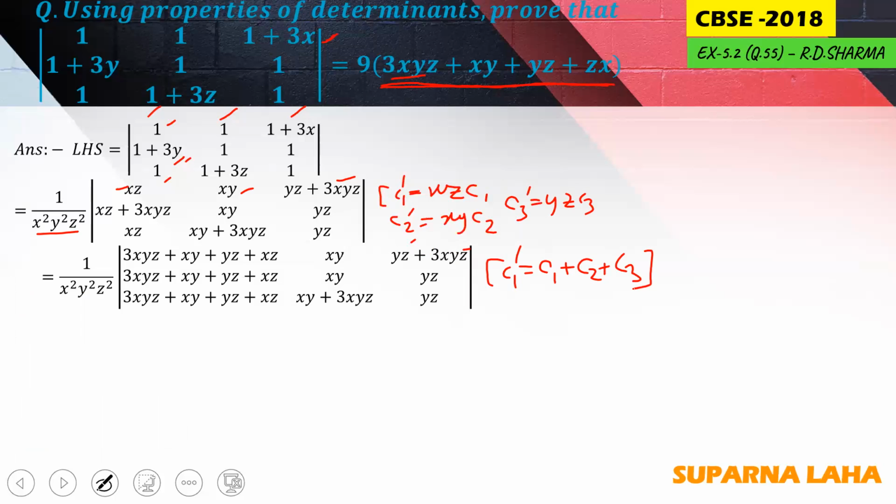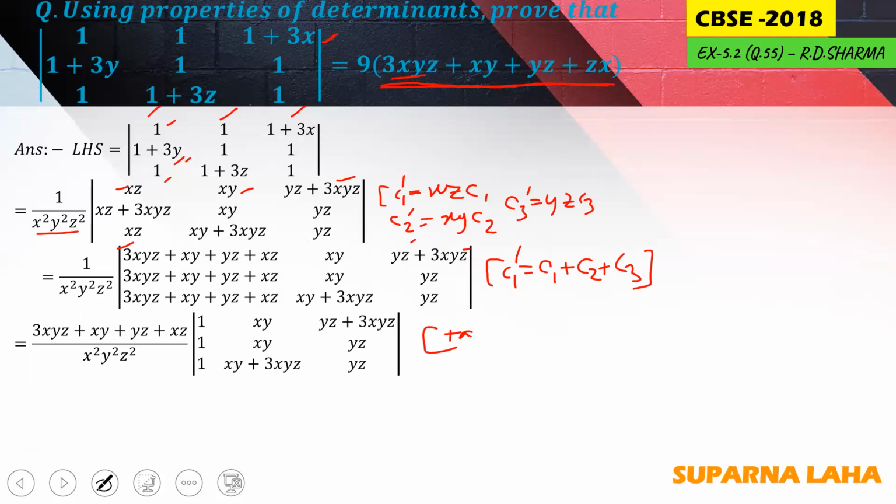Now take common this term, 3xyz plus xy plus yz plus zx, from C1.